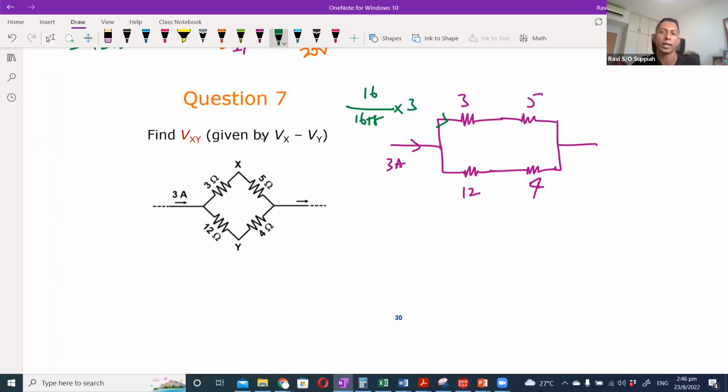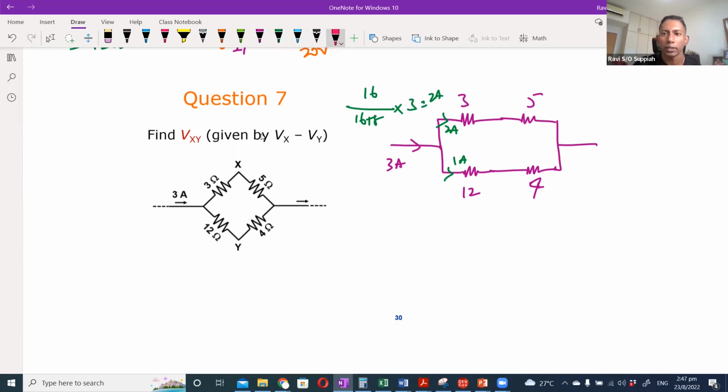You can use the current divider rule whenever you have 2 branches. With that, you know that this will be 2 ampere. So 2 ampere is flowing there, which means that 1 ampere is flowing here. That is based on the current divider rule.